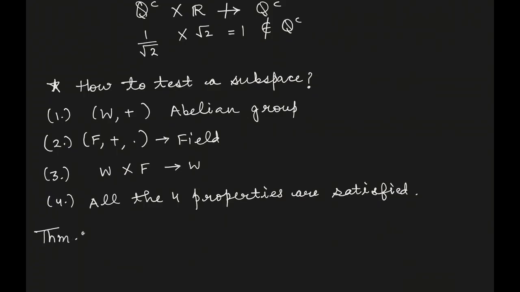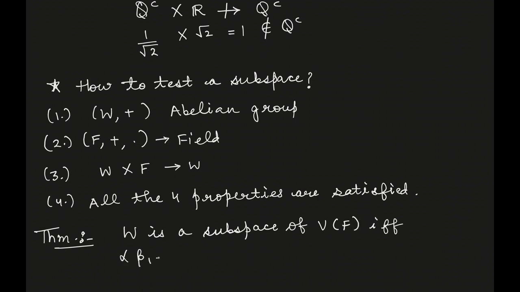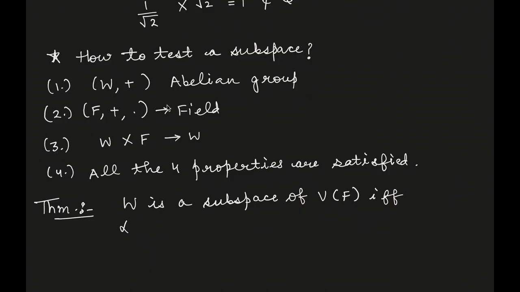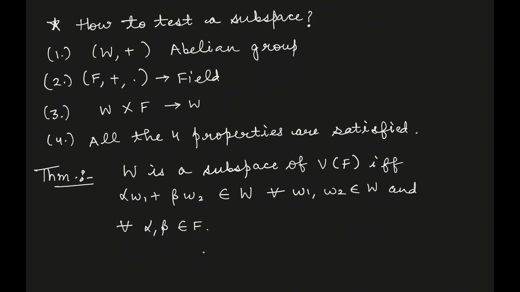Now a small theorem to check W is a subspace of V over F if and only if alpha W1 plus beta W2 belongs to W for all W1, W2 belonging to W and for all alpha, beta belonging to the field.